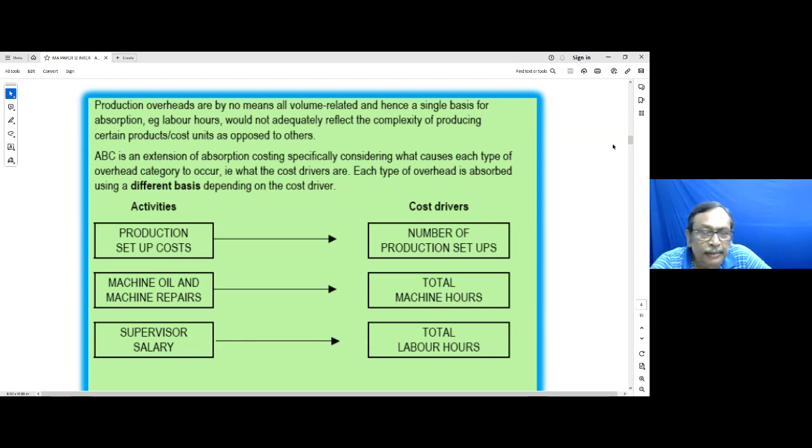So we have different cost drivers, and taking into consideration the cost pool and cost driver, we are going to calculate a different cost driver rate for production setups, machine oil and machine repairs, supervisory salary, etc. And we are going to charge the overheads accordingly.